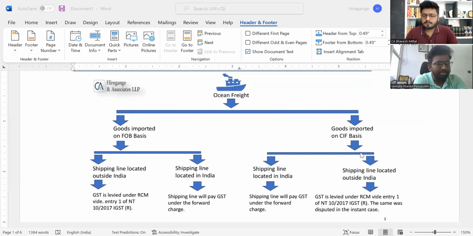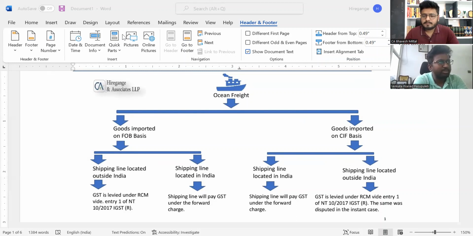So to avoid this disparity, what the government has done, either in service tax in 2017 or in GST from the beginning of GST, is this: if the foreign supplier engages the Indian shipper, he is anyway going to charge GST, and the government gets its revenue, and it also becomes a cost to the supplier.